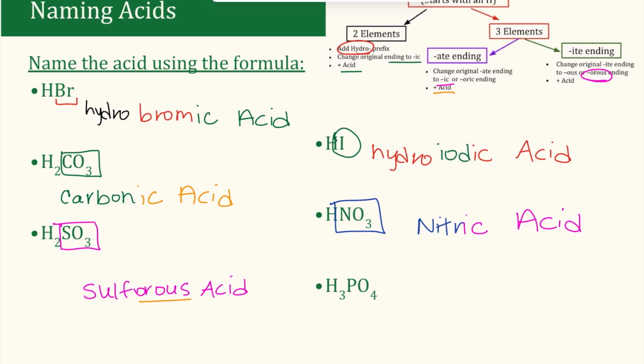So nitric acid. And then this last one, H3PO4, I see that I have, starting with an H, 3 elements, because I can see that polyatomic of PO4, which is phosphate. So that phosphate ending, changing that ate to an ic or to an OR, IC.